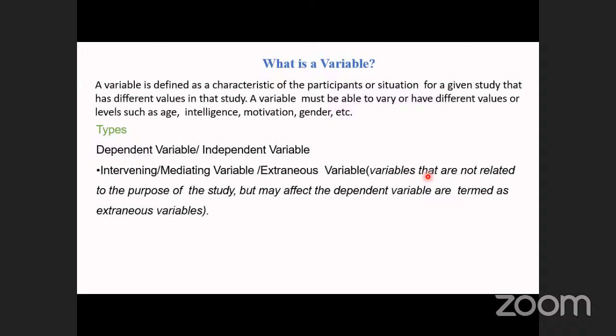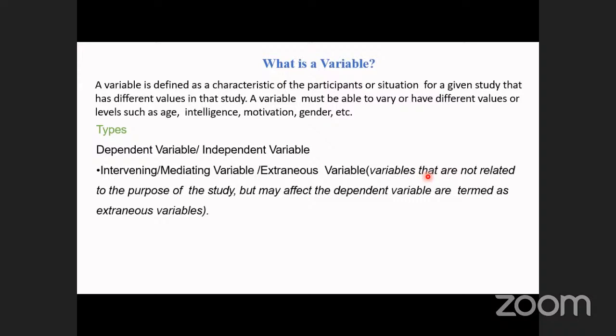A good example to understand would be gender. If you're looking at gender, in the context of Cameroon we'll be thinking of male or female, right? Although in some countries now the situation has changed. When you say age, you think of your own age and your age group and so on. That's what a variable is.